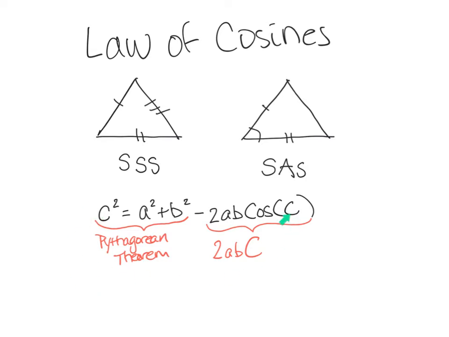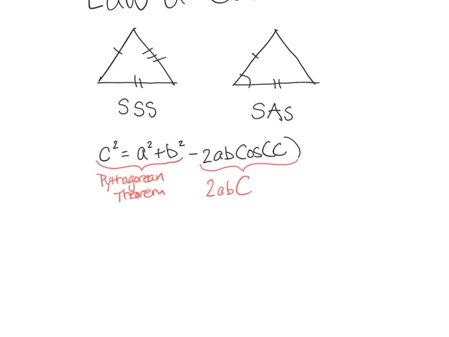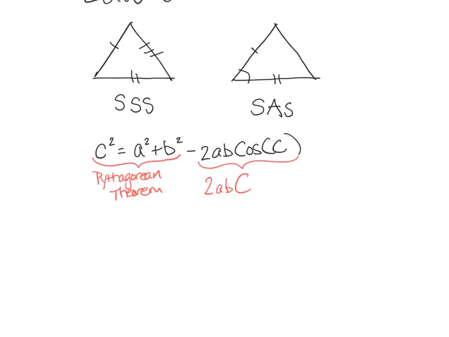Now, what if, for instance, we're using side, angle, side, but I didn't give you angle C? What if I gave you angle A instead? Well, what you can do is you can just rewrite law of cosines, but replace all the A's with C's and all the C's with A's.